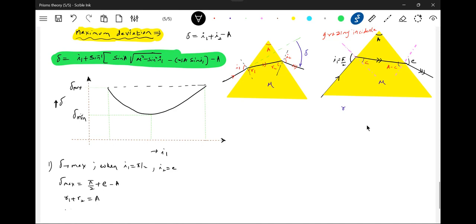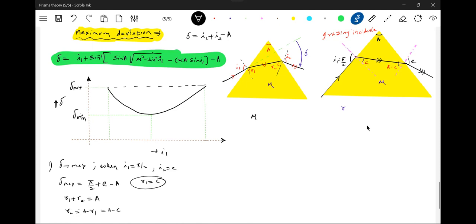So what is R1? R1 equal to the critical angle. So what is R2? We'll write it: R2 equal to A minus R1. And we know R1 equal to the critical angle, so this will become A minus C. So now we will write the Snell's law equation.